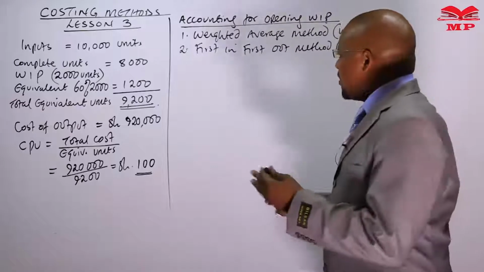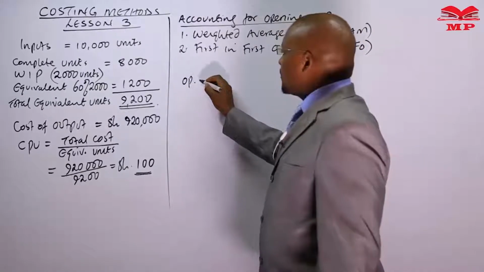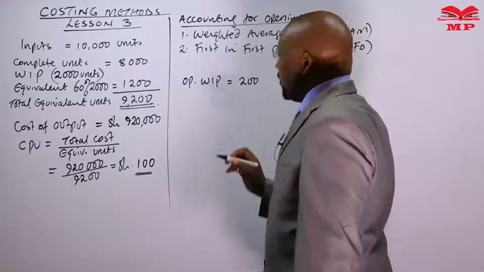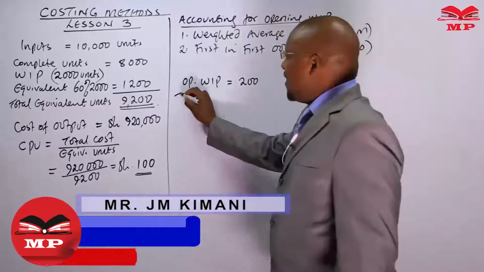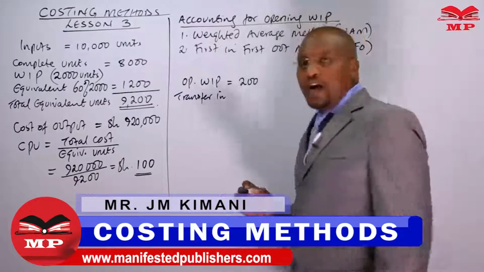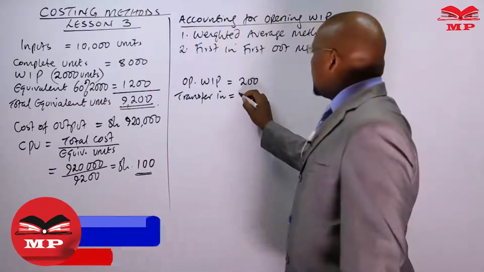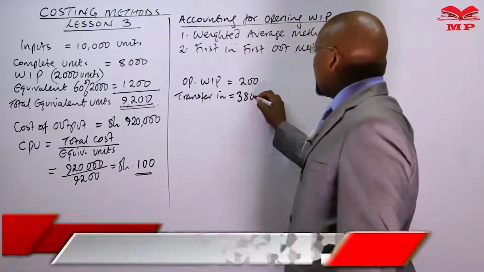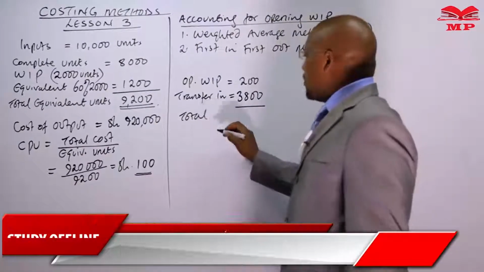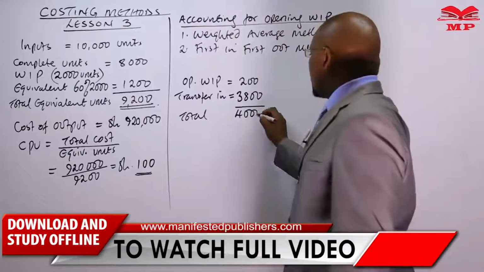Assuming there is opening work in progress of 200 units, and then there are transfer-in units of, let's say, 3,800. That means the total inputs are 4,000 units.